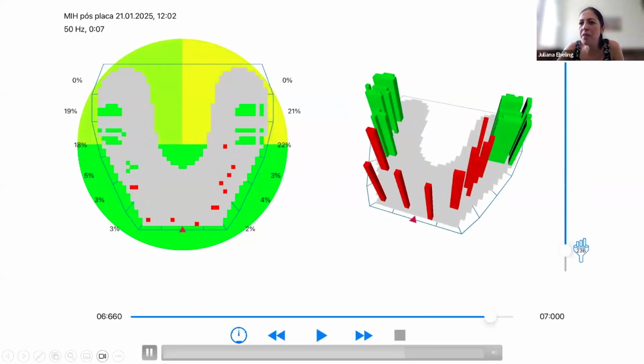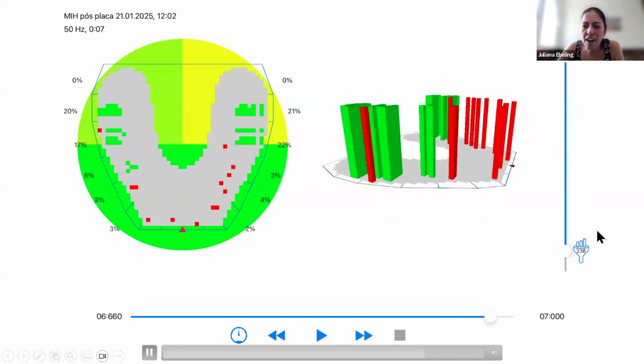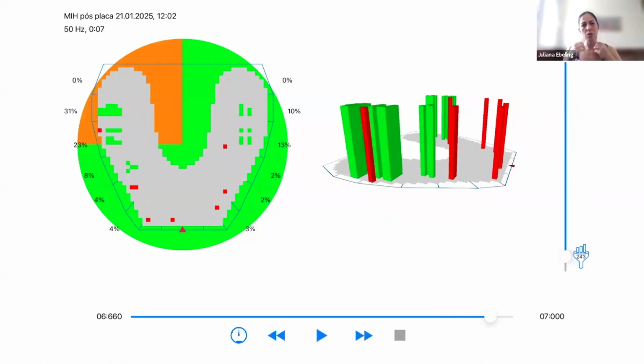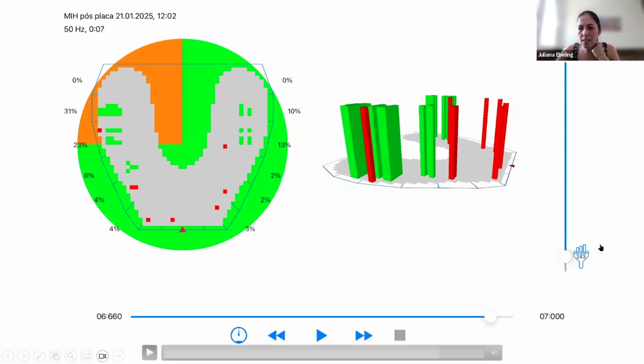And here is a very, very important function that we have, that is the filter. Remember that at the beginning of the presentation, I told you that we have more than 1,000 points of sensitivity, and each of these points has 256 different levels of intensity. This is the filter of those intensities.